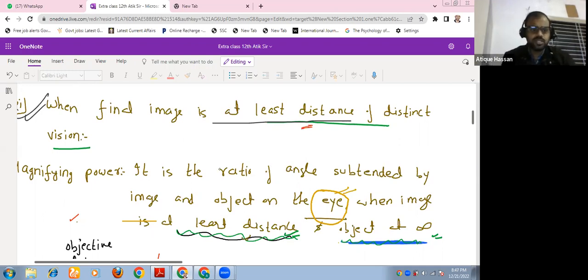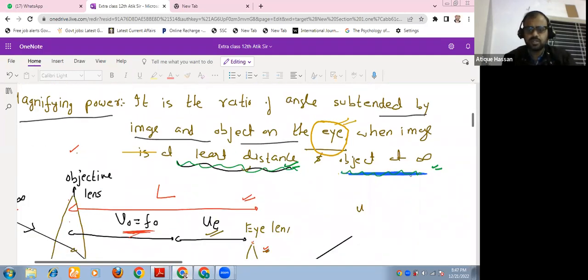So if you see here, magnifying power we can define as the ratio of angle subtended by image and object on the eye when image is at least distance of distinct vision.